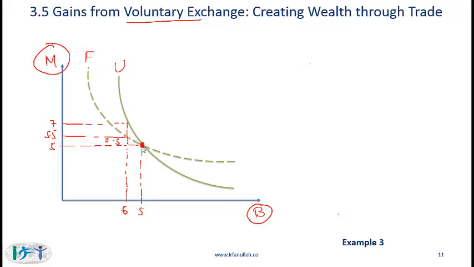You are willing to give up 1 slice of bread for 2 ounces of milk. So to go from 5 to 4, you need 2 ounces of milk. So you must go from 5 ounces of milk to 7 ounces of milk.